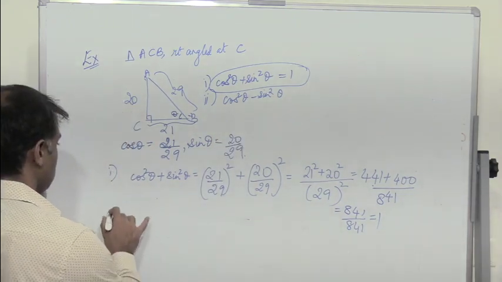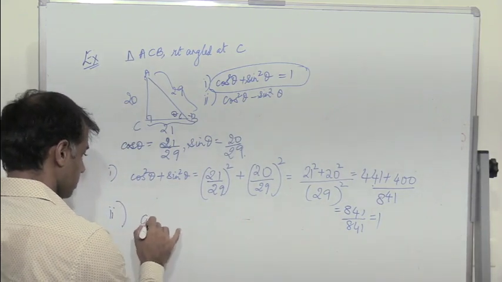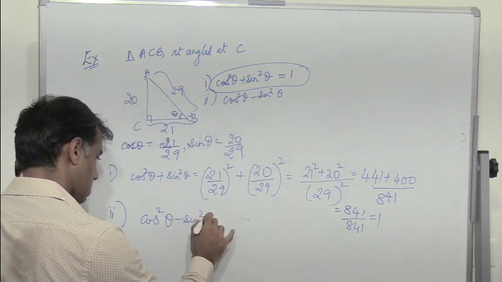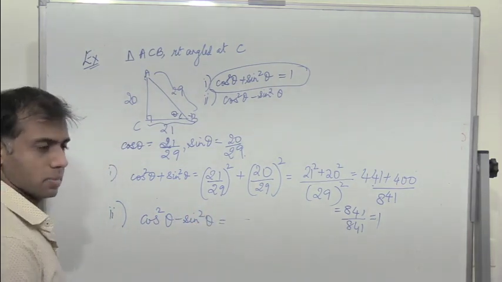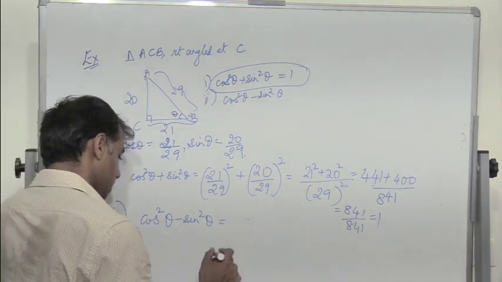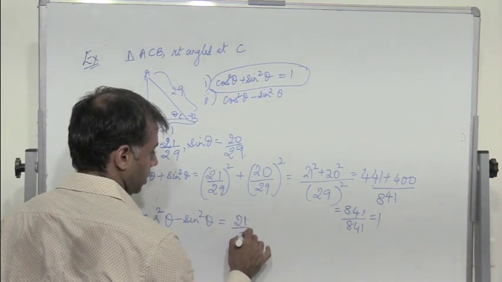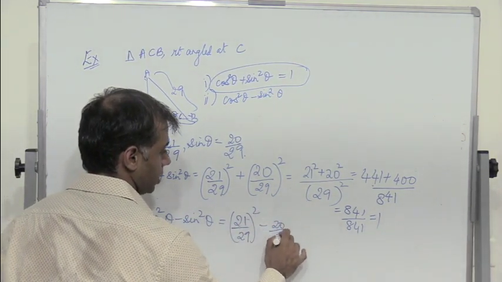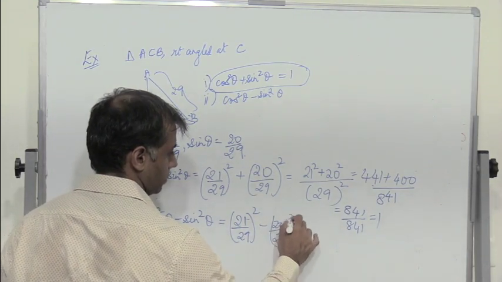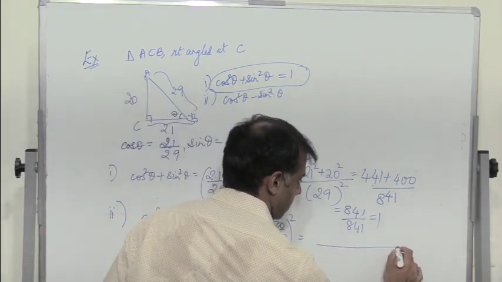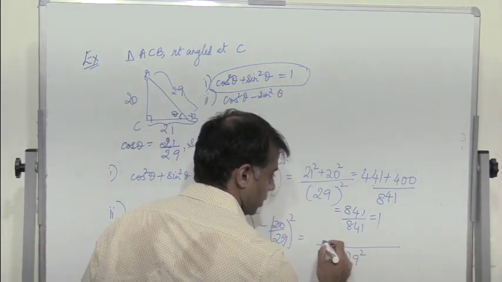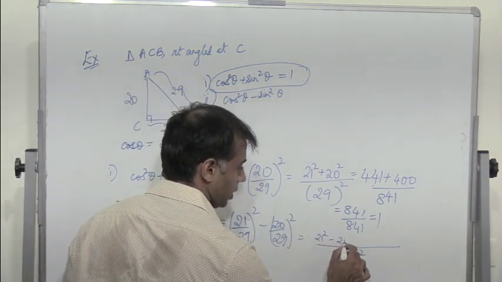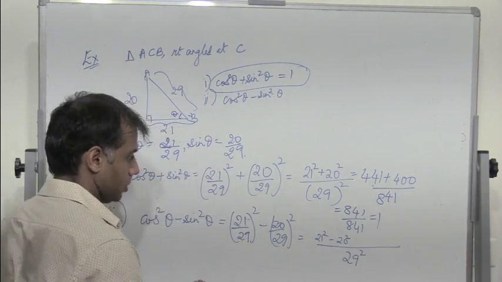So next, let us see cos square theta minus sin square theta. Right? So what do we get here? So we get 21 by 29 the whole square minus 20 by 29 the whole square. So you have 29 square, which is 841. So this is 21 square minus 20 square. Right?